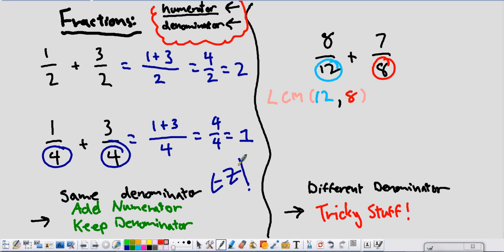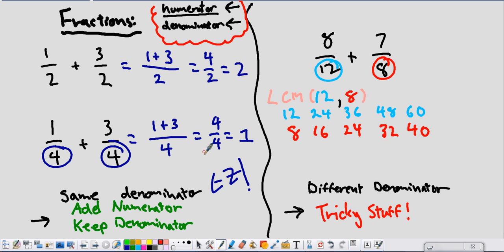So let's start listing the multiples of 12. That's 12 times 1 is 12, 12 times 2 is 24, times 3 is 36, times 4 is 48, times 5 is 60. And then 8: 8 times 1 is 8, 8 times 2 is 16, 8 times 3 is 24, 8 times 4 is 32, 8 times 5 is 40.